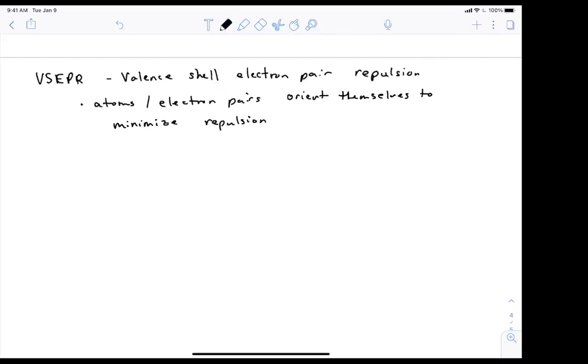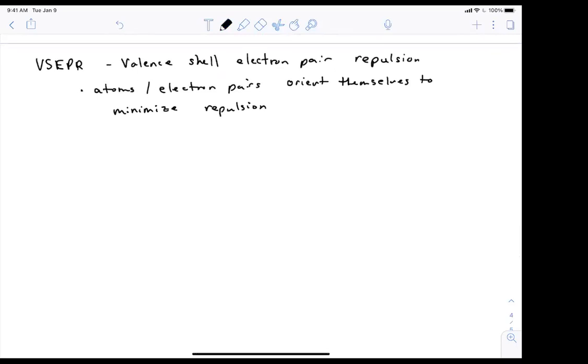So these shapes that originated from all these Lewis structures are formed because these electron pairs are all negative and they have to orient themselves to minimize their repulsion so that they're as far away from each other as possible. And those shapes are derived from those concepts.